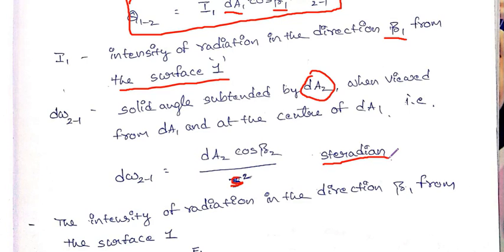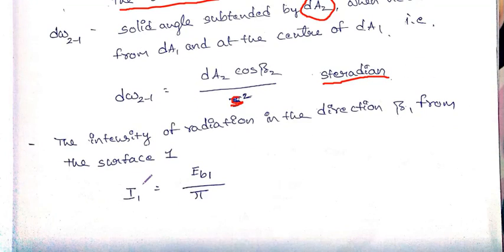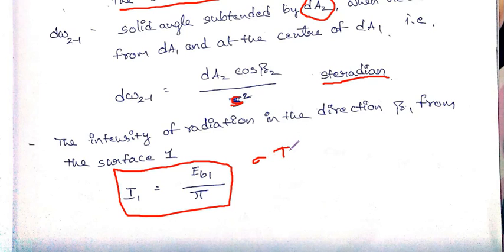The intensity of radiation in the direction of beta 1 from the surface 1 is expressed by this given expression, that is Eb1 by pi, where Eb1 is the emissive power of the surface 1, which is equal to sigma T1 power 4.